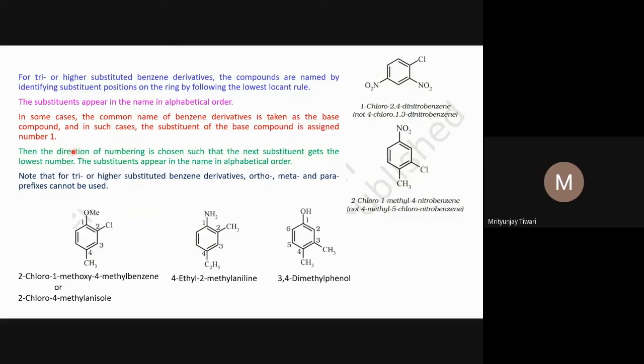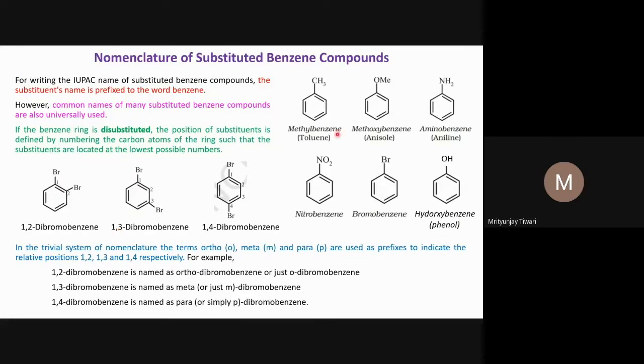Now let's see, in some cases the common name of a benzene derivative is taken as a base compound. Sometimes common names of benzene derivatives are also taken as a base compound in polysubstituted benzene rings. As we know, the names toluene, anisole, aniline, and phenol are also accepted by IUPAC.